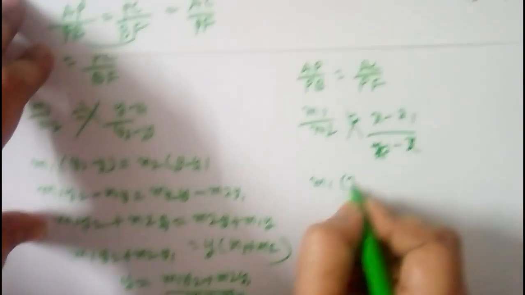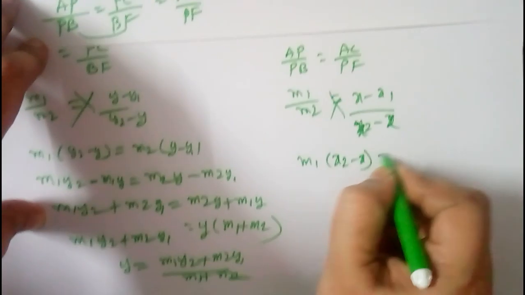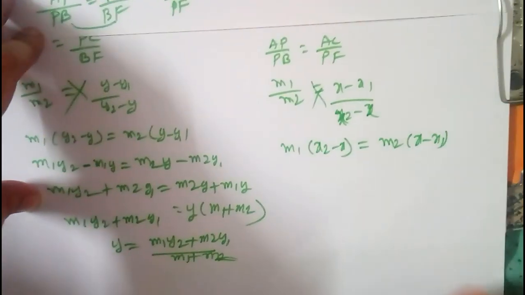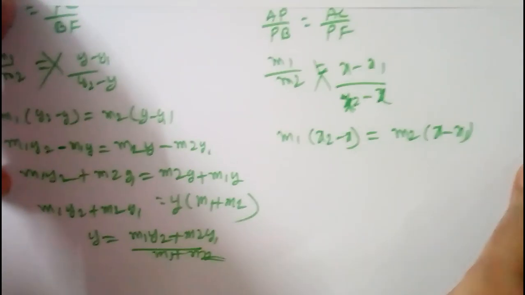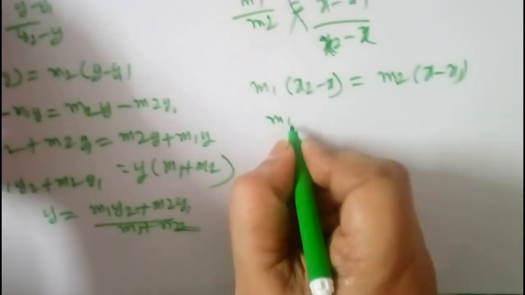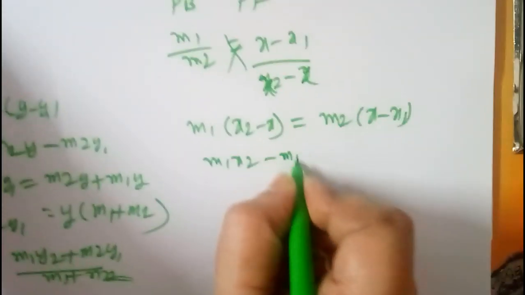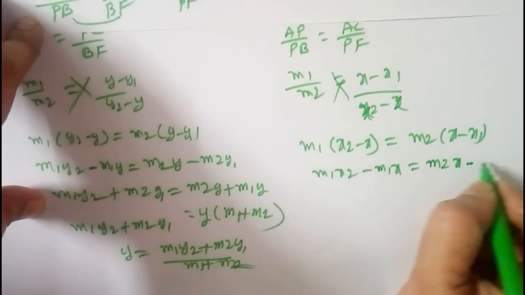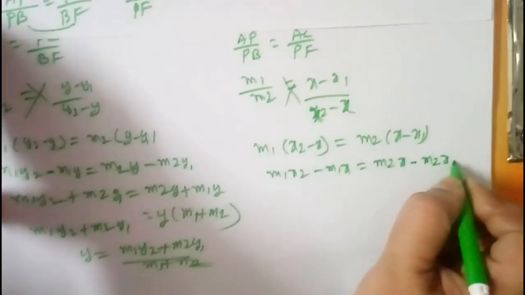M1 into X2 minus X is equal to M2 into X minus X1. Open the brackets. So M1 X2 minus M1 X is equal to M2 X minus M2 X1.